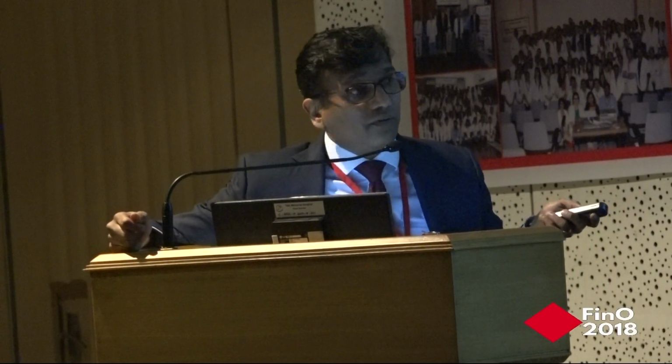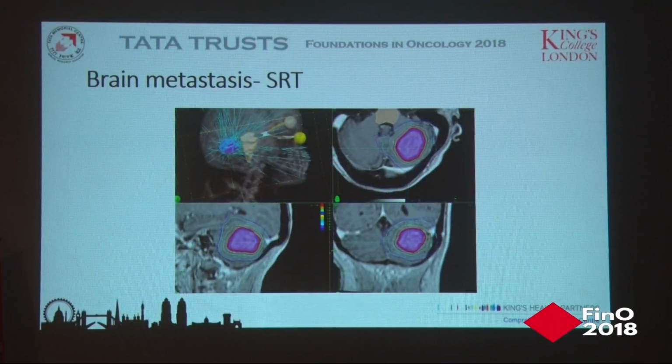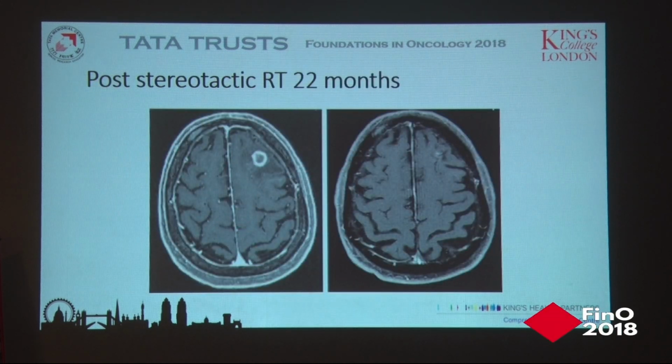Because when you have radiotherapy to the adjacent nervous tissues, the damage is irreparable. So you have to keep the dose to the normal structures as low as possible. Again, a patient with an isolated brain met. Initially, this was post-stereotactic radiotherapy, and you can see complete response there.